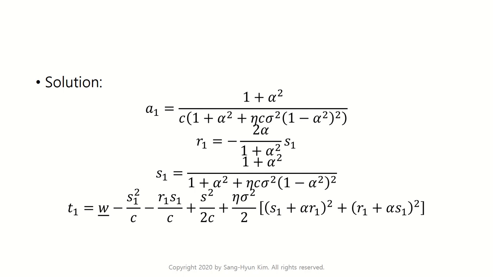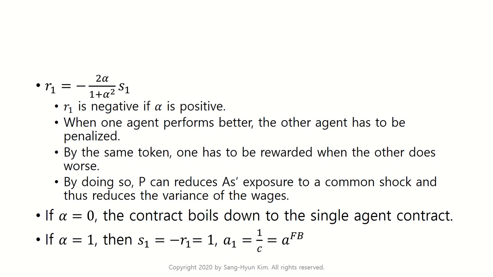I usually don't ask math problems if it is really complicated, because this is not an algebra course. This is a contract and organization theory course. So I want to emphasize the intuitions, the logic, the economics, not the math, not the algebra. Okay, let's try to understand the result.